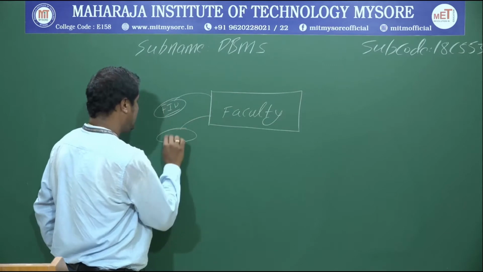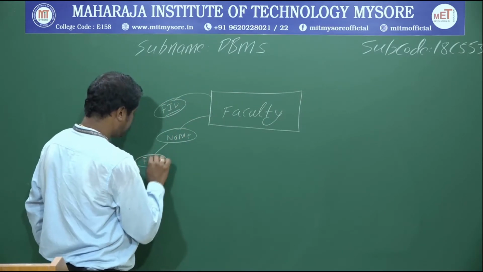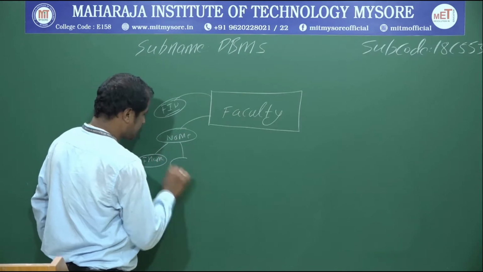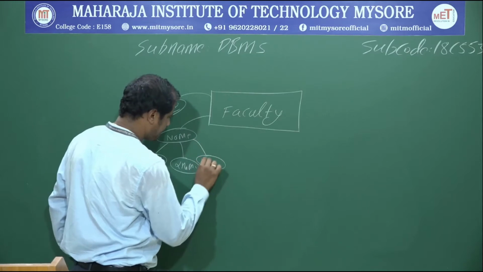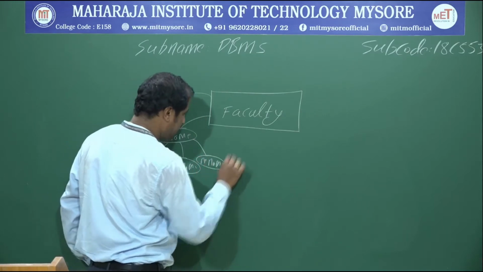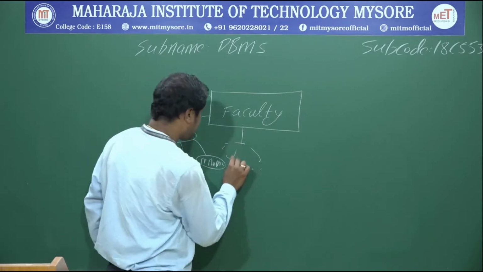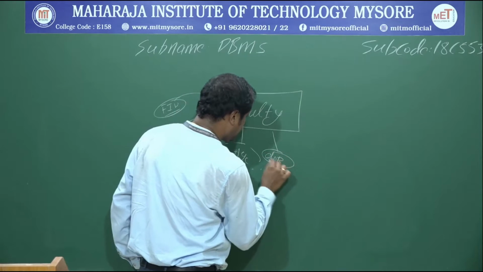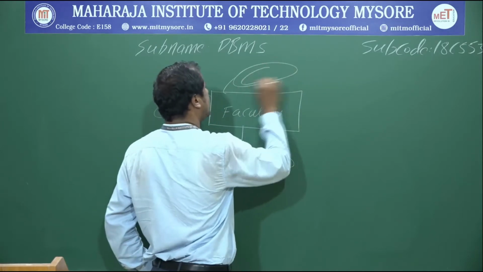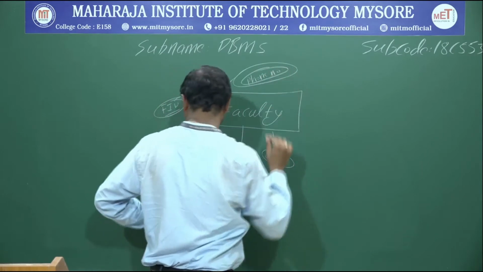Then we have name, which can be divided into first name, last name, and middle name. Then there is a derived attribute that defines age based on date of birth. Then we have a multivalued attribute, that is phone number.